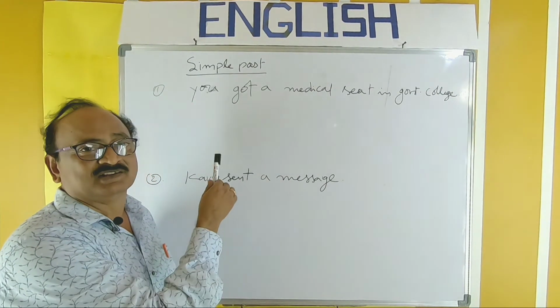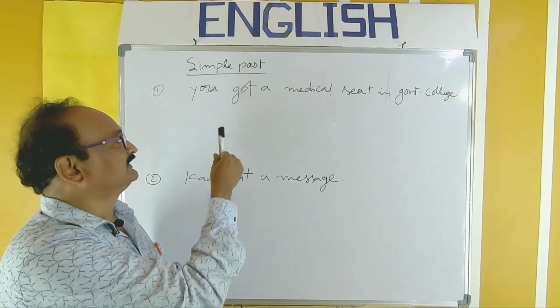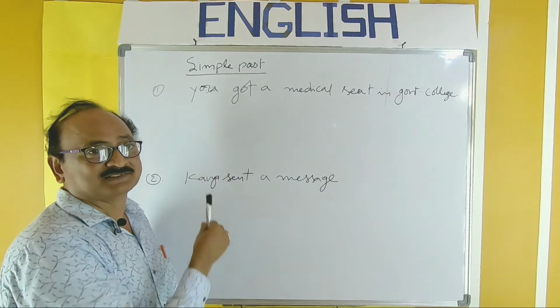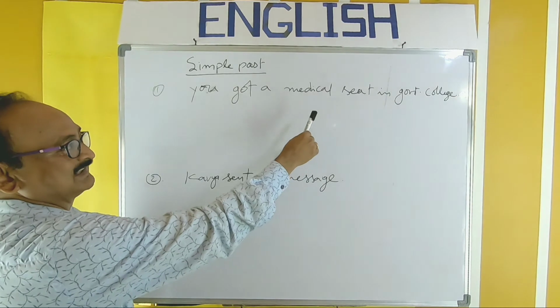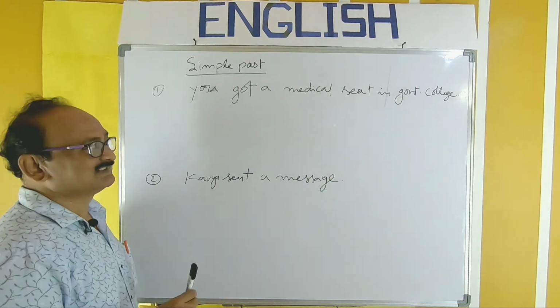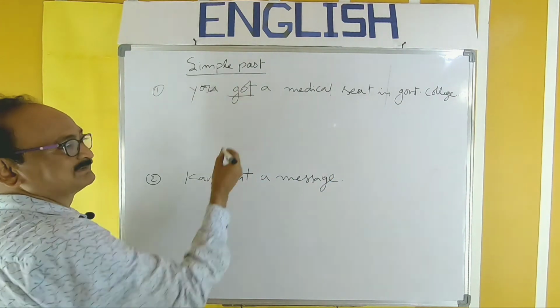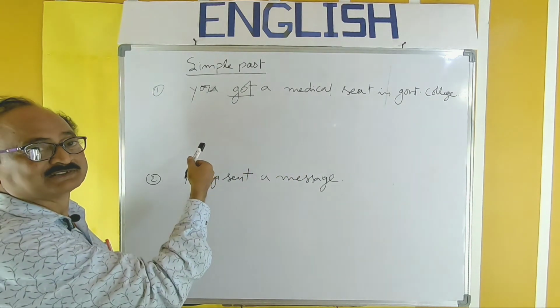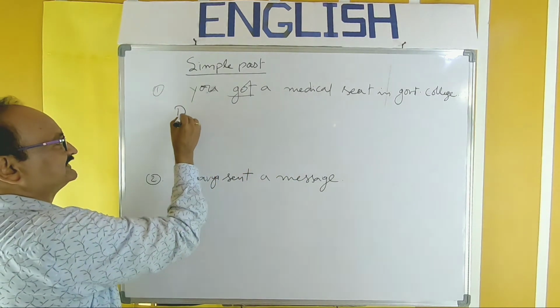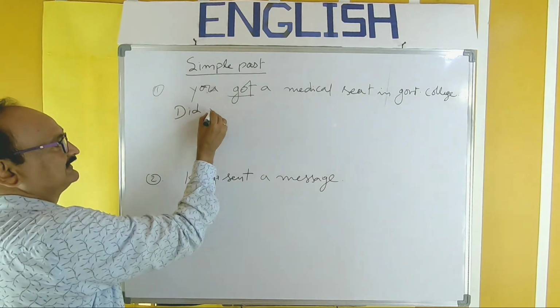Now, I will explain all three forms of the simple past with different examples. You got a message, a medical seat in government college. Got is simple past, that is affirmative. Now, you have to make it a question. So, you have to use did. Very simple.